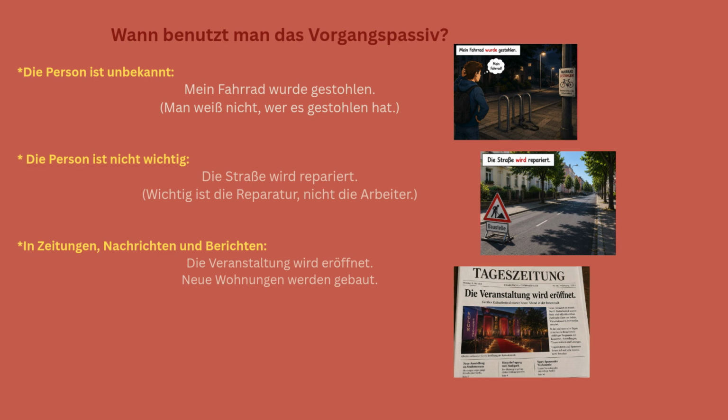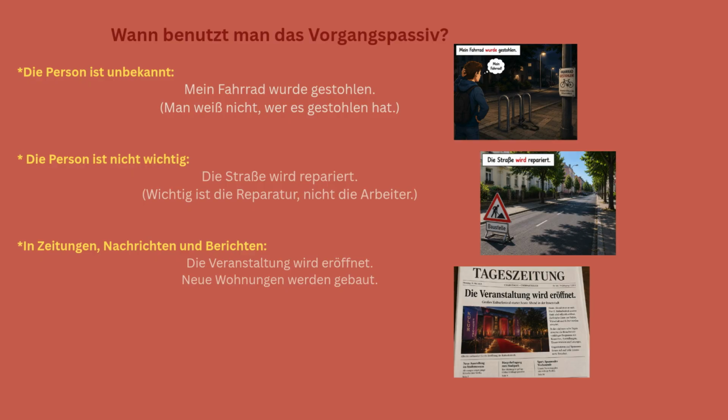My cycle was stolen. Man weiß nicht, I don't know the person. But what is important is that my cycle was stolen. The action is important. Die Person ist nicht wichtig.